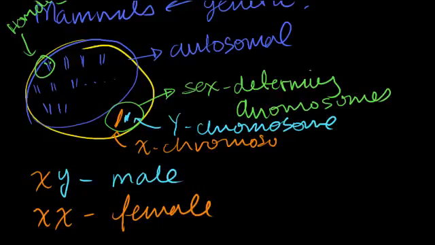It's almost a trivially easy Punnett square, but it shows what all of the different possibilities are. So let's say this is your mom's genotype for her sex-determining chromosomes. She's got two X's. That's what makes her your mom and not your dad. And then your dad has an X and a capital Y, a Y chromosome.